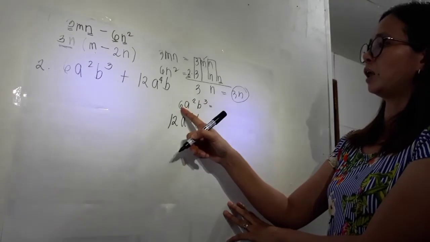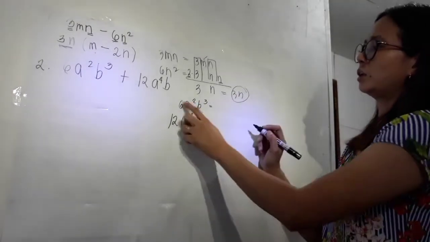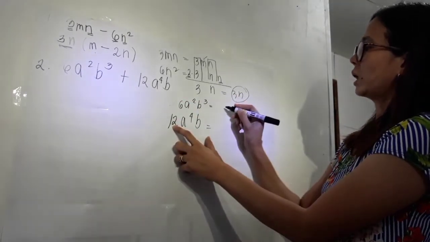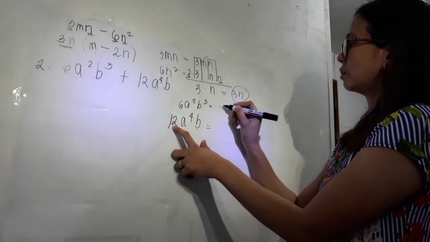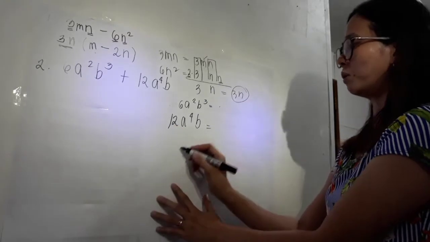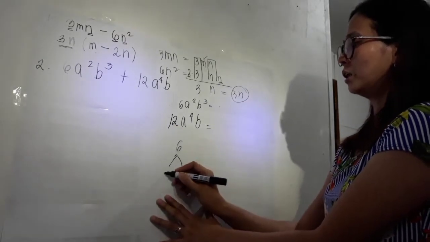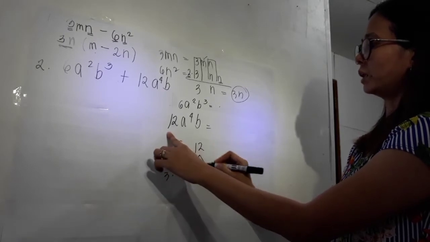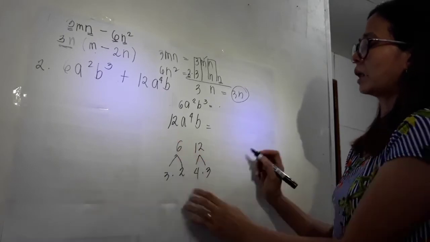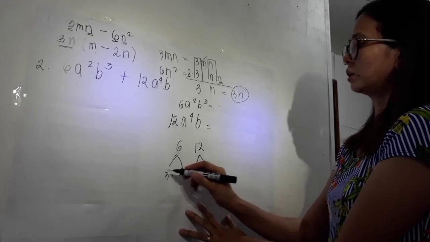So, factor of 6 and 12. So, 6 and 12, we can have 3 or 6 times 1 because if you're going to use the factor 3, that is 3 times 2. Then 12, that is 4 times 3. And common to both is 3.